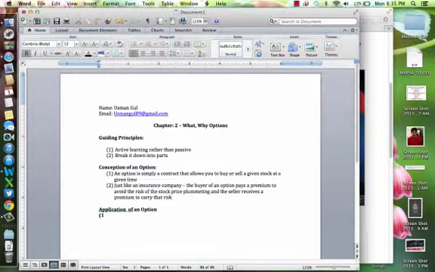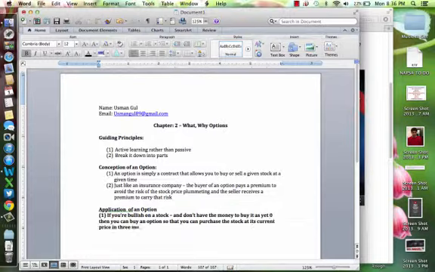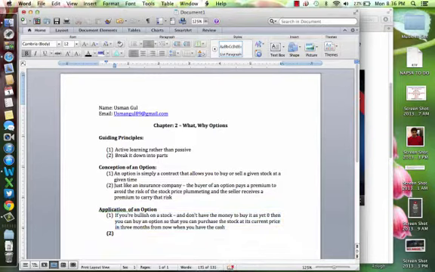He's saying that if you're bullish on a stock, and let's say you don't have the money to buy it as yet, then you can potentially buy an option so that you can purchase the stock at its current price in 3 months from now, when you have the cash. He warns that this is not how we're going to be using options, but it's good to keep that in the back of your mind as one potential application of options.